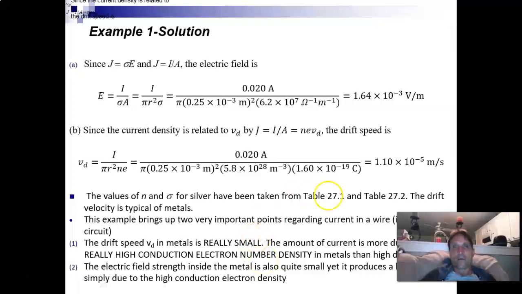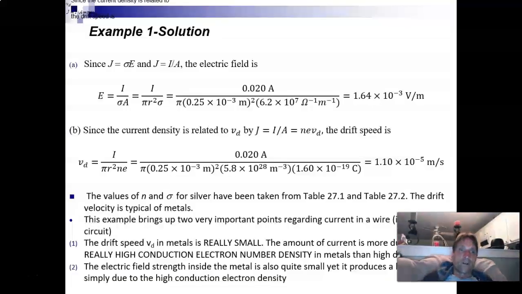So those were the main points: the drift speed really is pretty small and the electric field is small, but the number density of electrons is so high in metals that you can get a pretty high current even without a fast electron speed or a large field.